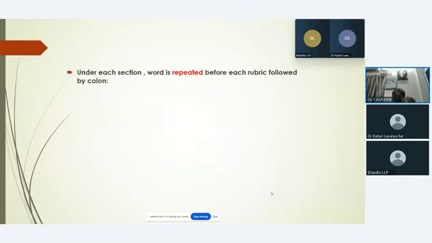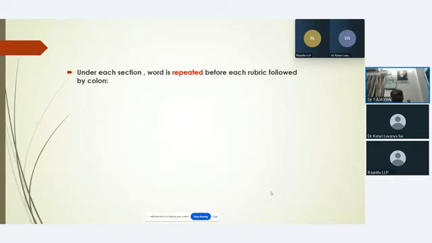Then under each section, the main word is repeated before each rubric. It's another advantage. In other repertories we refer to, the main word is mentioned only at first, and before the sub-rubrics the main word is not mentioned. But it's not like that in our Knerr Repertory. In Knerr Repertory, the main word is repeated before each sub-rubric.